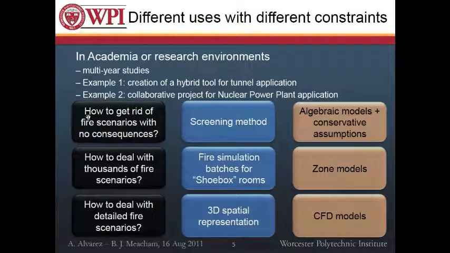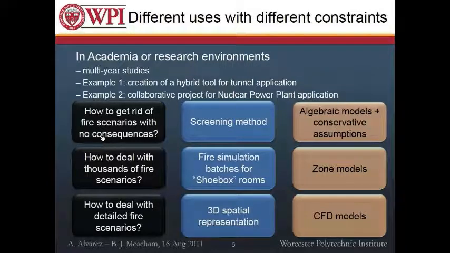So the first question is how to get rid of the fire scenarios with no consequences on the safety of the nuclear power plant, because the fire would be too small or the safety targets are too far away from the fire. So they designed a screening method based on algebraic models and conservative assumptions in order to get rid of these scenarios.